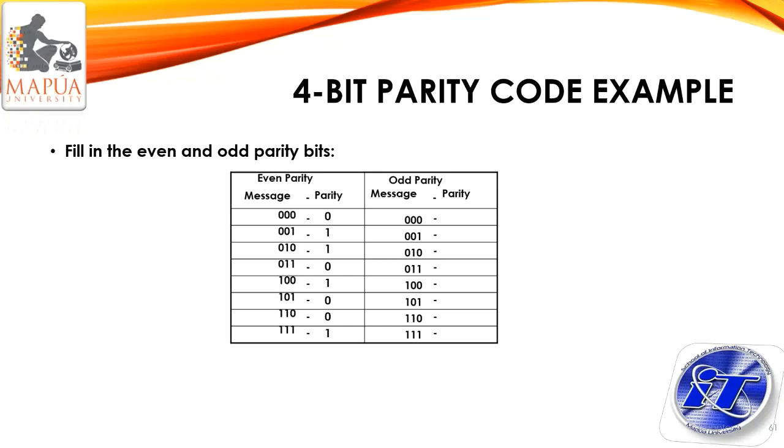We append a single digit to our message. How about odd parity? We make the number of 1s odd. We have 3 zeros, so it's even.